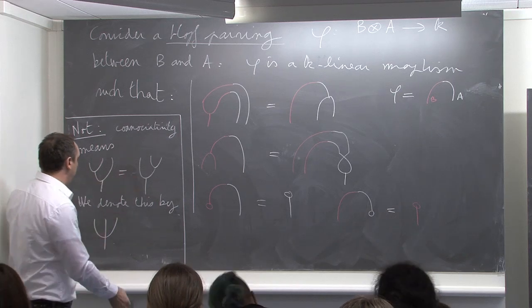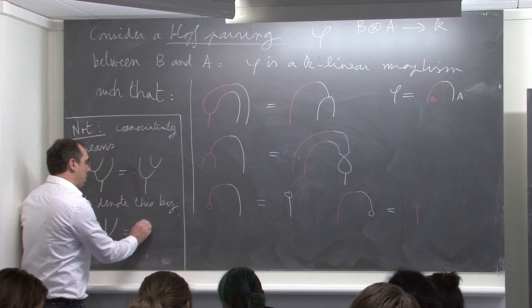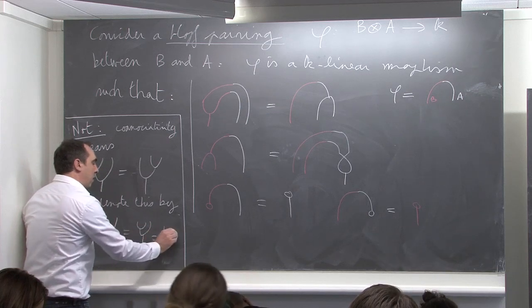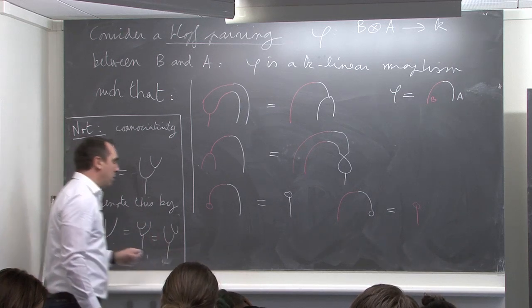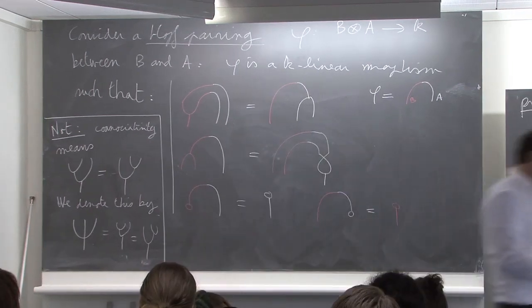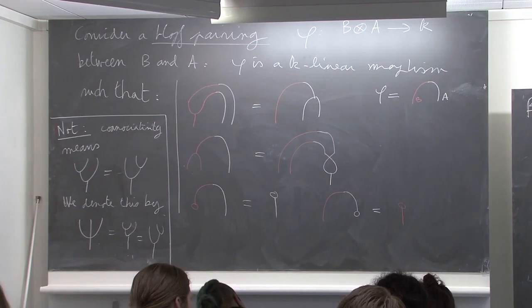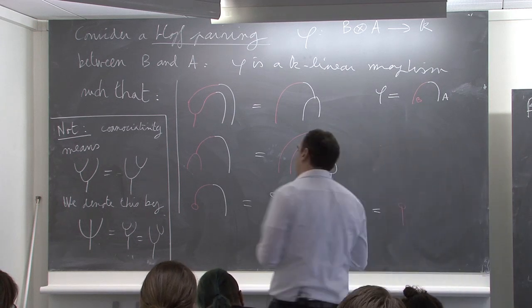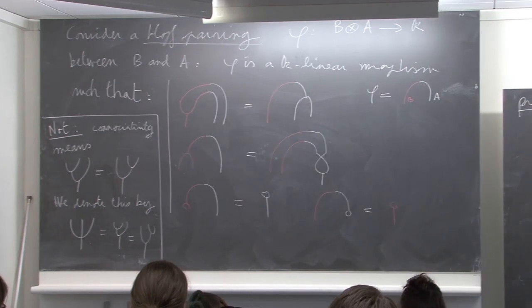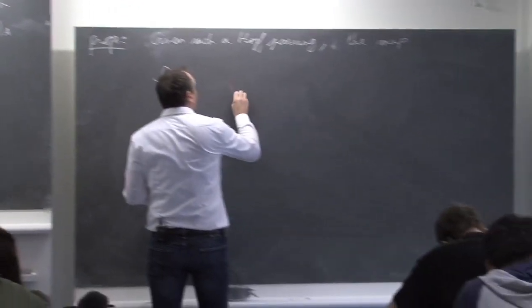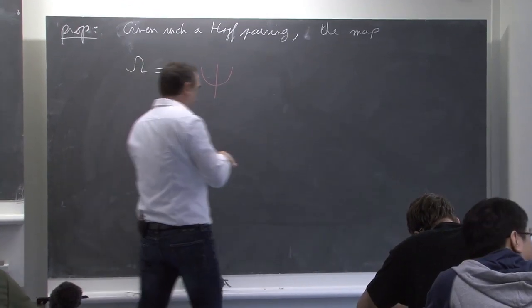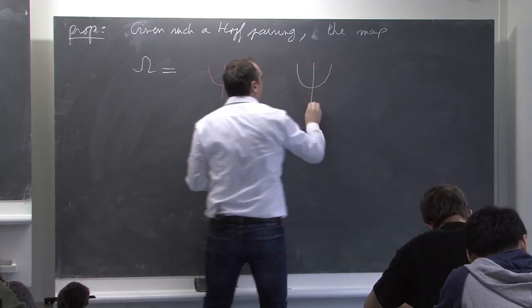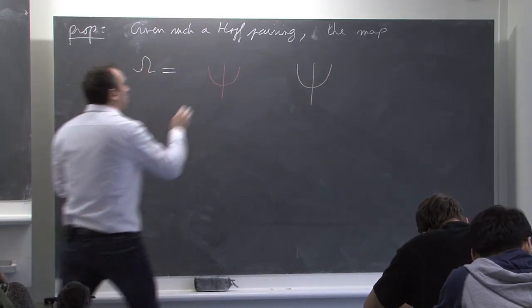This map means this, which is equal to this. Just a useful notation. So what do I take? Two trinions like this. Here I take plus.